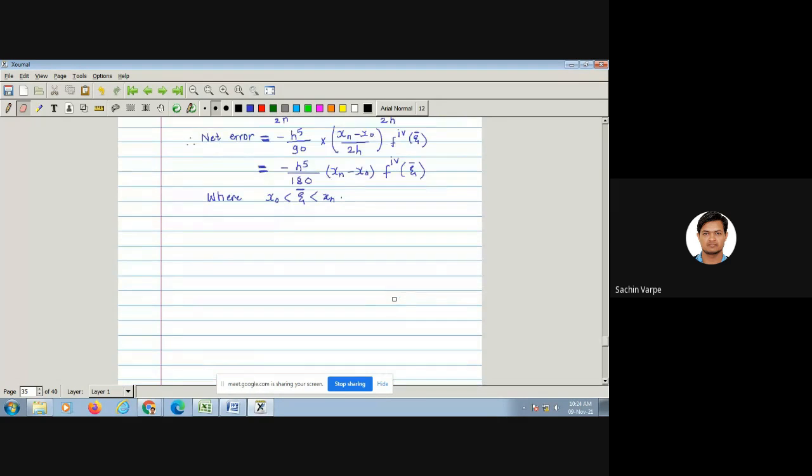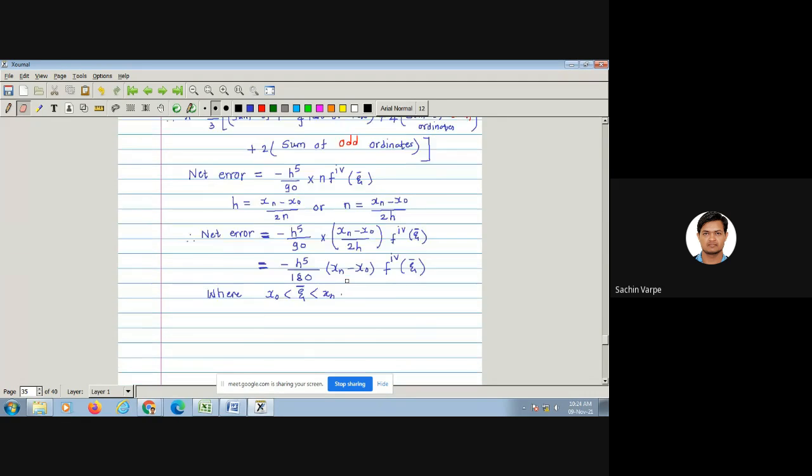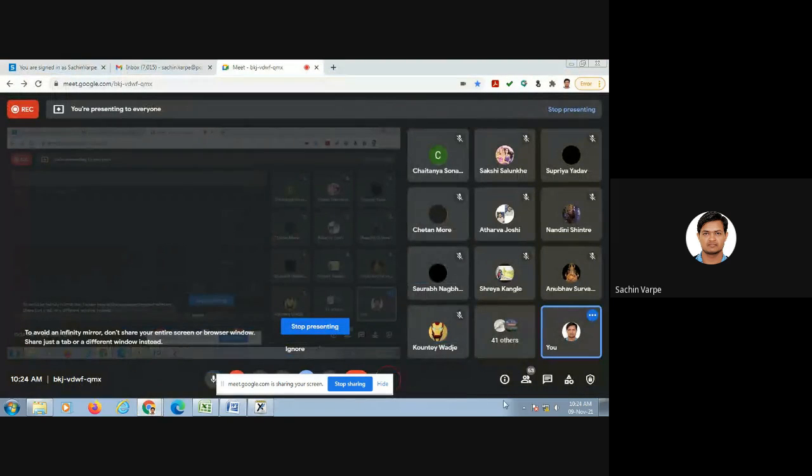Let's have an example. Any doubt, any questions in the formula? Everyone, please do reply in the chat box. Any question, any doubt?